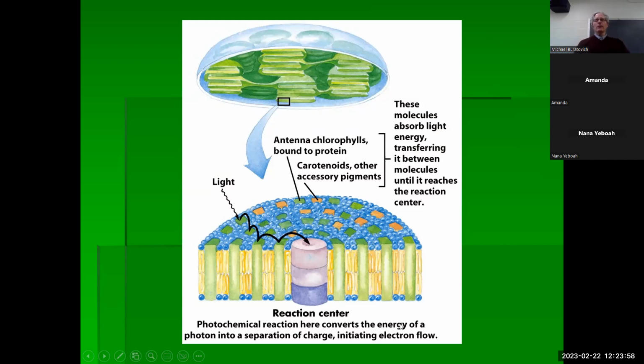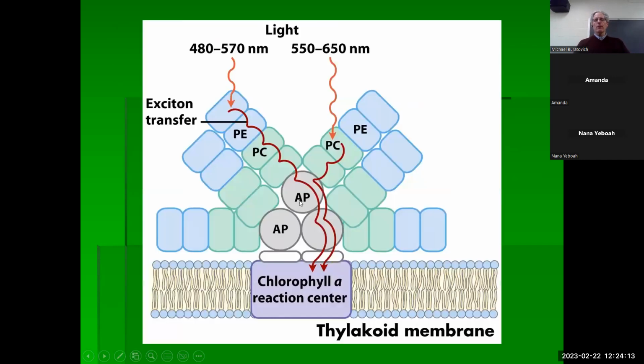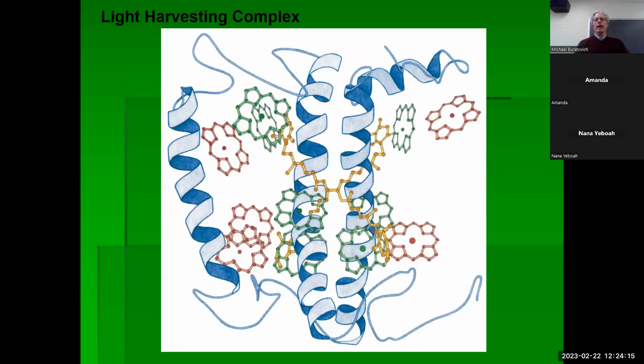So you have concentric circles of these various types of chlorophylls and various types of accessory pigments. These chlorophylls are bound to various proteins, and the structure of the thing looks a lot like this. So this is an LHC, a light harvesting complex.